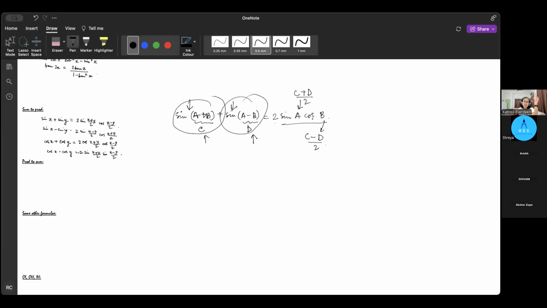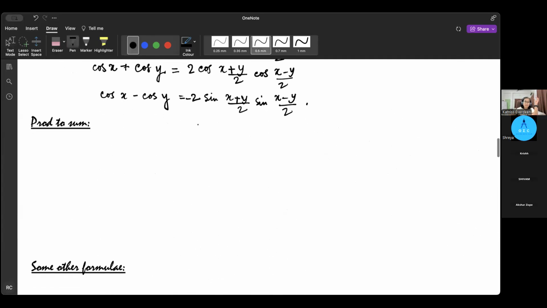So product to sum is just that we will be given something like sine A sine B, and that is just half of cos A minus B minus cos A plus B. So yeah, this is just straightforward.